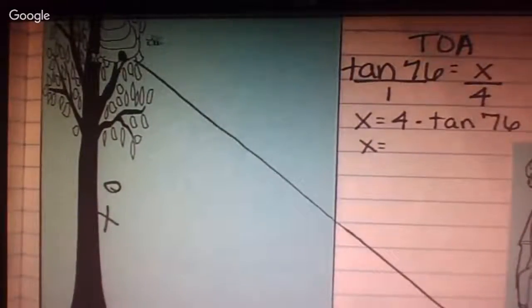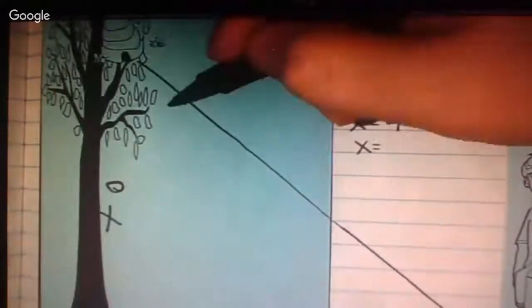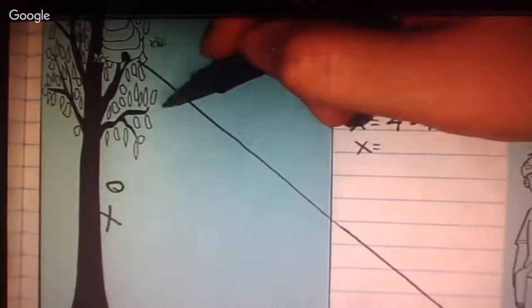Answer me this. Should the height of my tree be higher than the length along the ground? Definitely. Why? Because if he's standing away from the tree, then it would have to be above him to make a triangle. This is 90 degrees. This is 76 degrees. So what's this? 14 degrees.